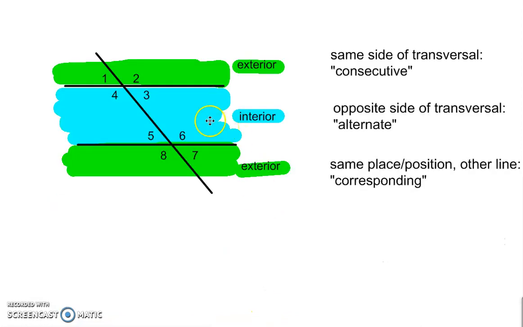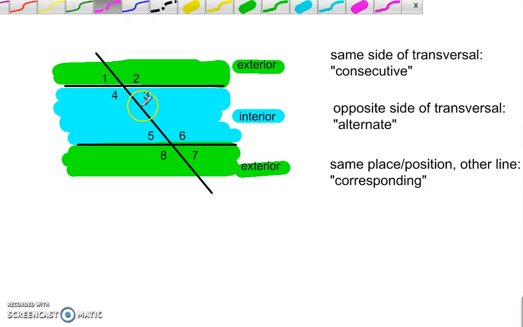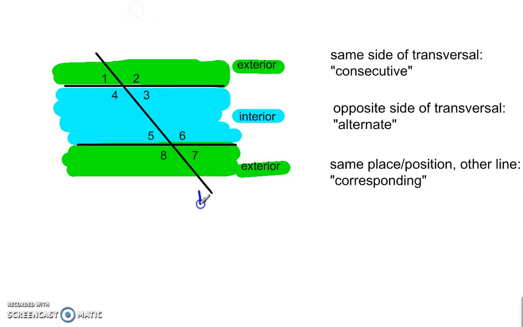Okay. If we have 2 parallel lines, this line that's going through them is called a transversal. When we have a transversal through parallel lines, these are pretty easy to work with.